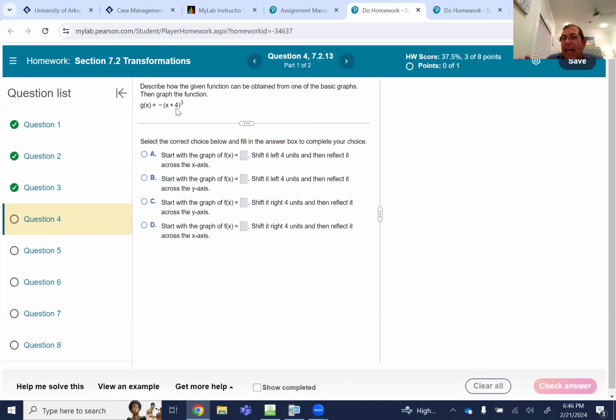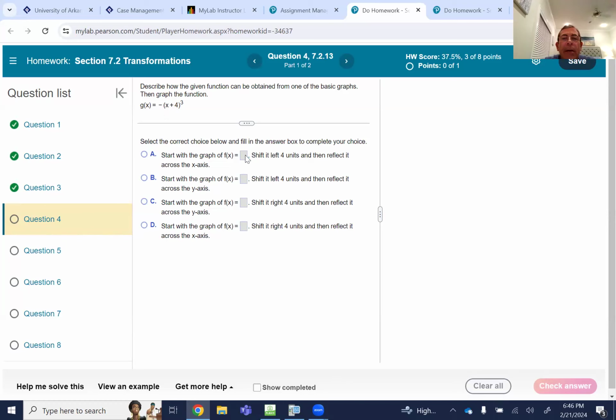So since that 4 is being added to the x inside the parentheses, it's going to go to the left. And then that negative in the front is going to reflect me over the x-axis, right?